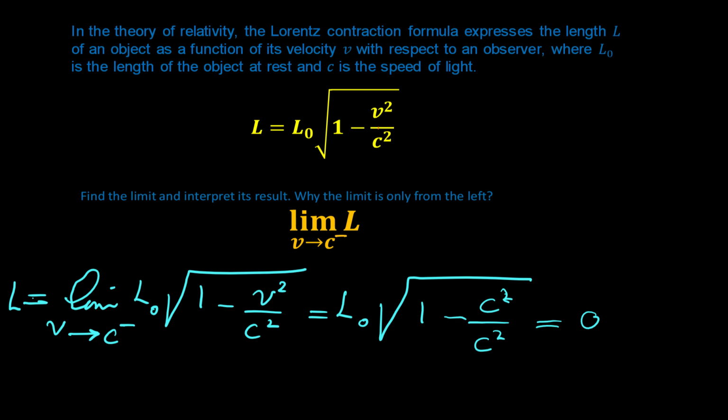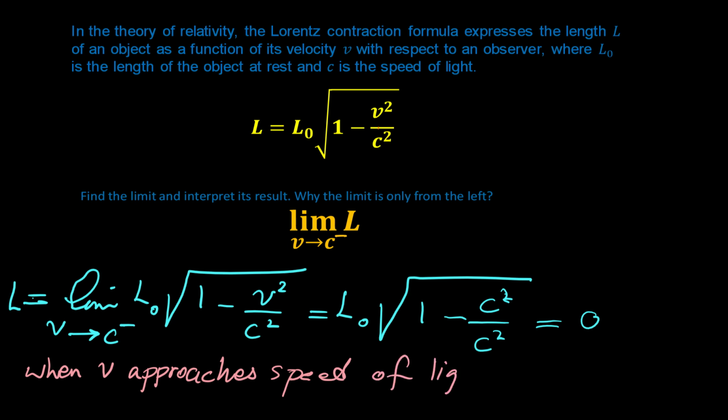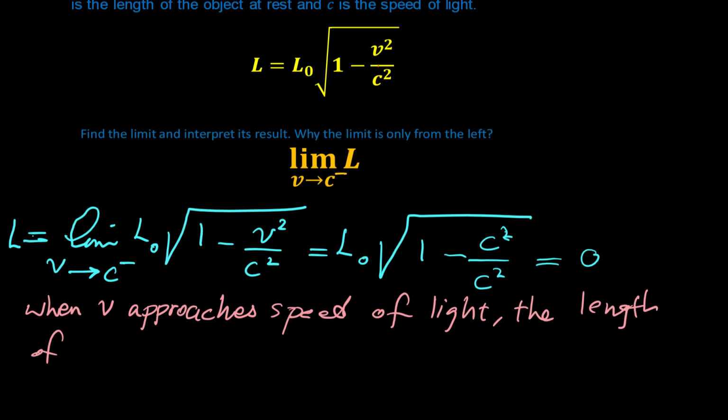So our interpretation is this: when v, the velocity of the object, approaches the speed of light, the length of the object approaches 0.